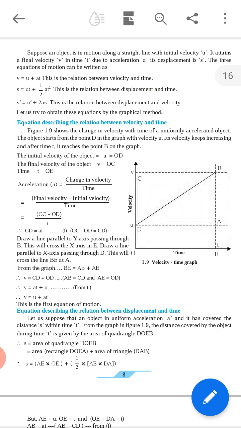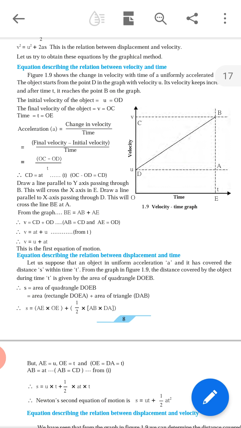What is CD? CD is at from equation 1 and OD is u. This is how we get the first equation, v is equal to u plus at.